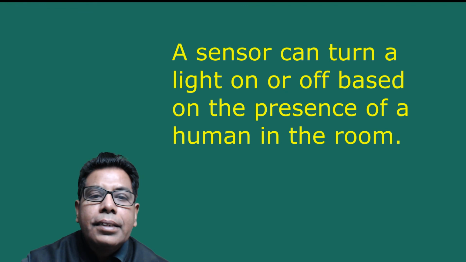For example, sensors can be integrated in a light bulb. A sensor can turn light on or off based on the presence of a human in the room. And an even smarter system can communicate with other systems in the house, learn the human movement pattern and anticipate the presence of a human, turning on the light just before the person enters the room.